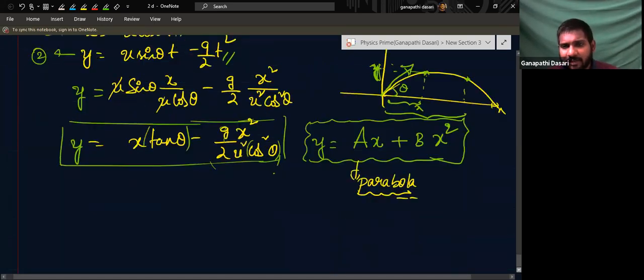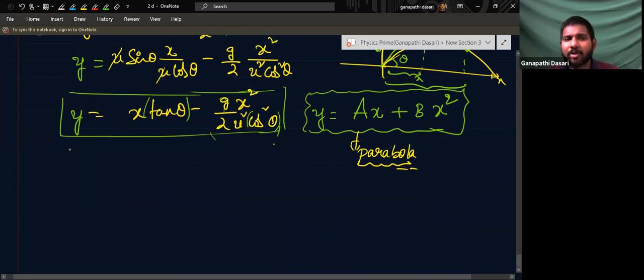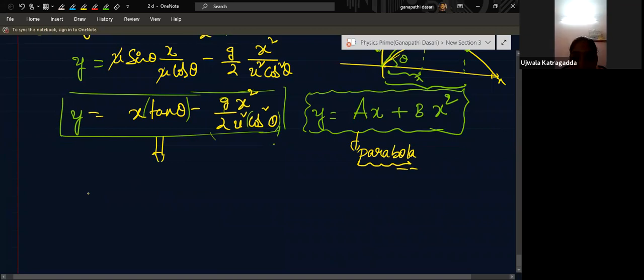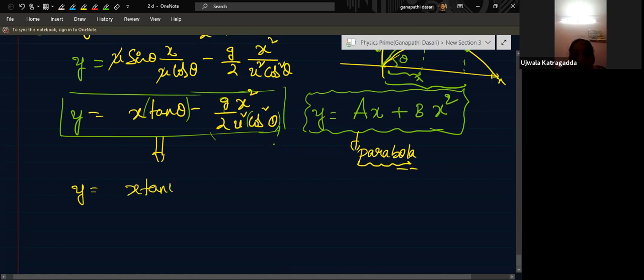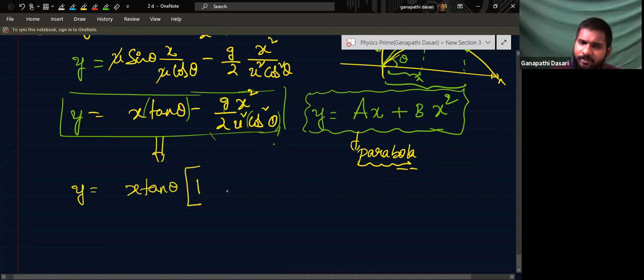This is an equation. But there are some other ways, because in exams, in Advanced and Mains, these are useful. In some kind of tougher questions, a few other conclusions can be drawn from this. How can the conclusions be drawn? Now, I am taking x tan theta common, okay? Yes, sir. If I take x tan theta common, this is 1 minus. To take tan theta common, I multiply and divide by tan theta.